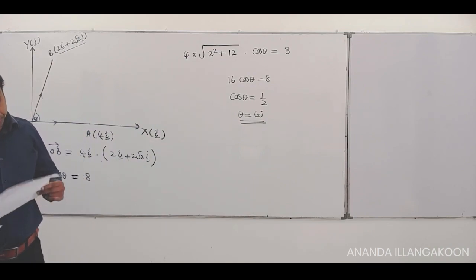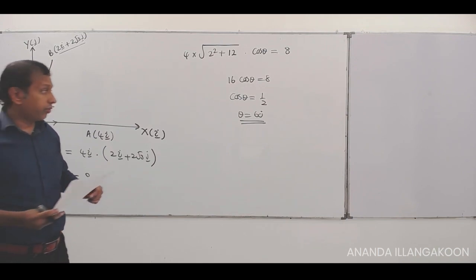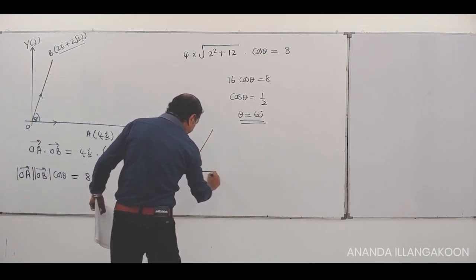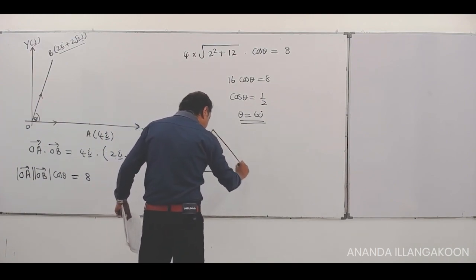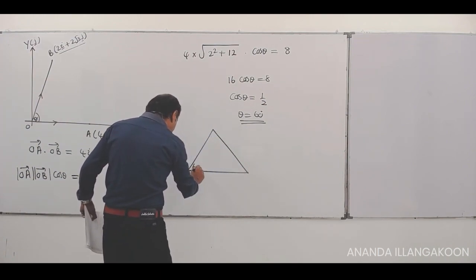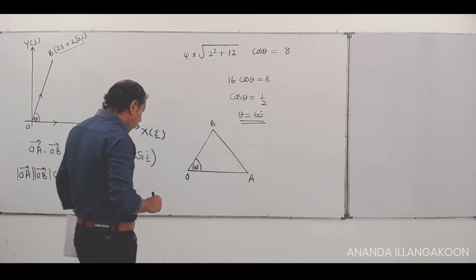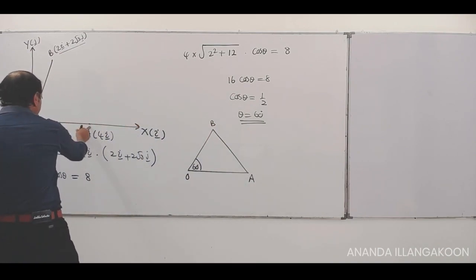Next one asking what? Show that the triangle OAB is an equilateral triangle, right? OAB, no? Right here, this is 60. We just now proved it. O here, A here, B here. OA length is 4 units.